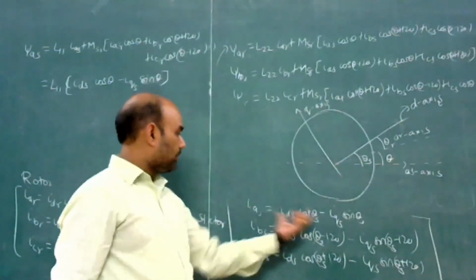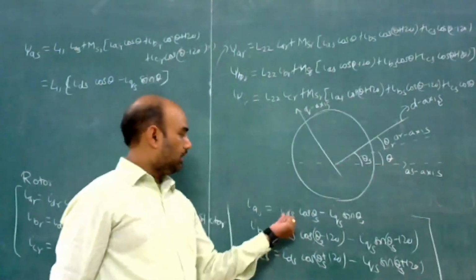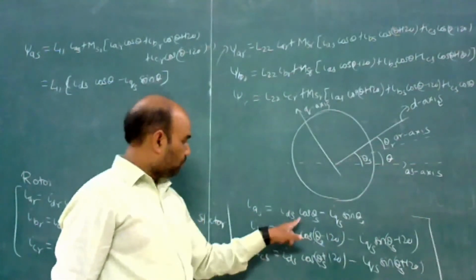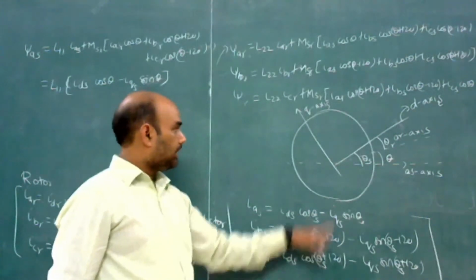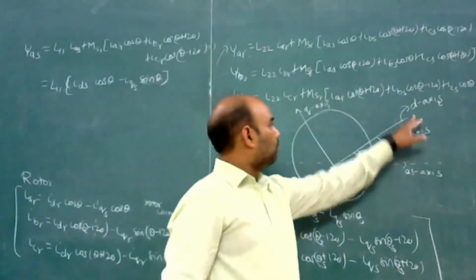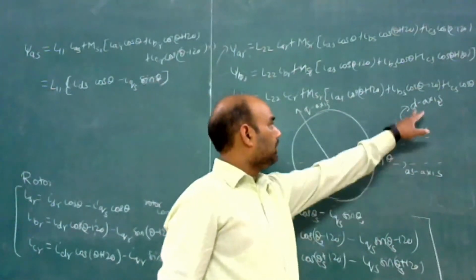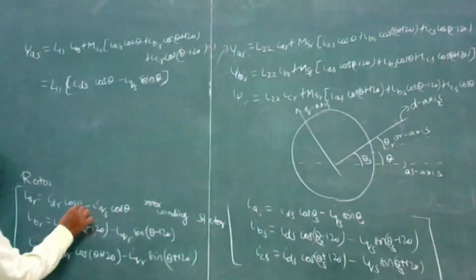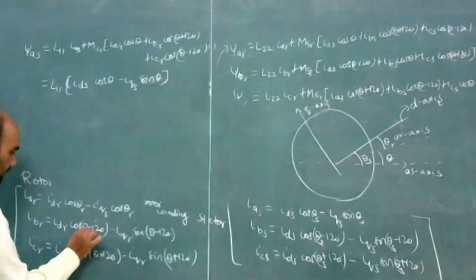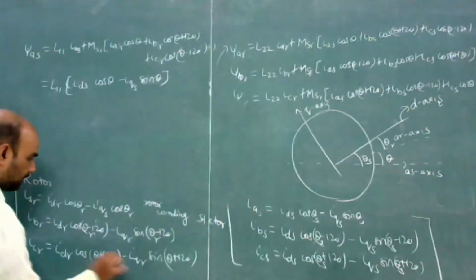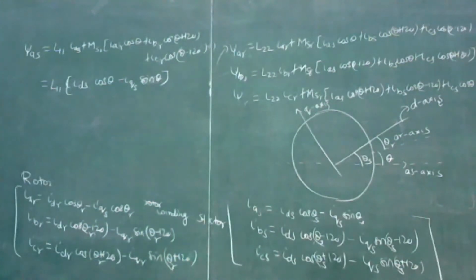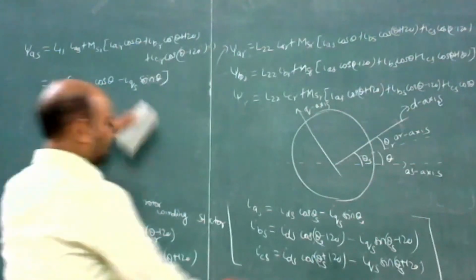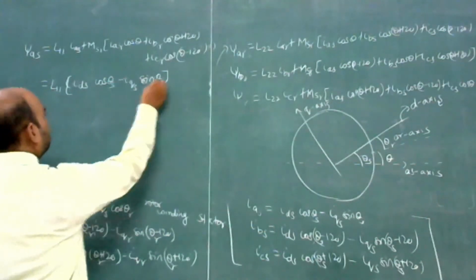So this is the transformation between stator and dq variables. Okay, so this is replaced by theta s, and the angle between the D axis and the rotor axis is theta r. So this will be replaced by theta r.